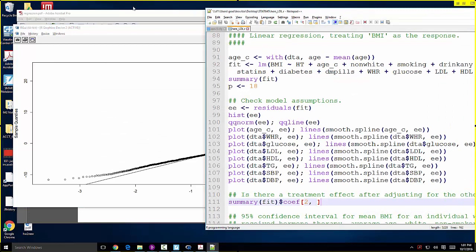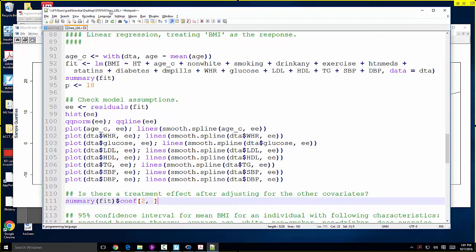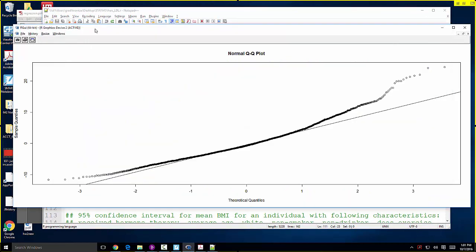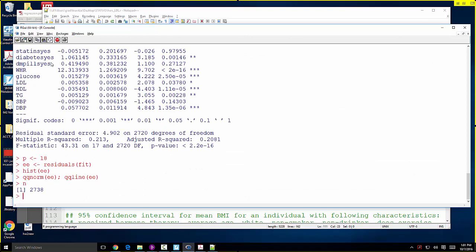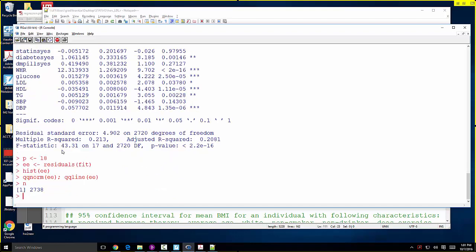Having said that, we do have a big sample size. So roughly 2,000 people, or 2,800 people almost, 2,700. That's a big sample size, even though we have a lot of covariates. So with a large sample size, I don't care all that much about that normality assumption.